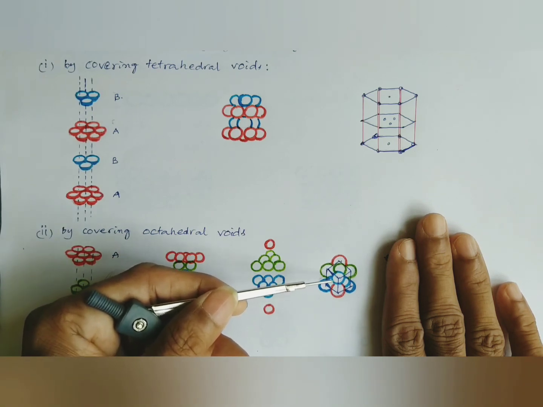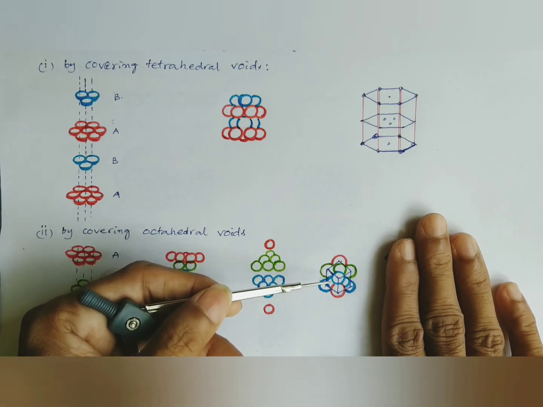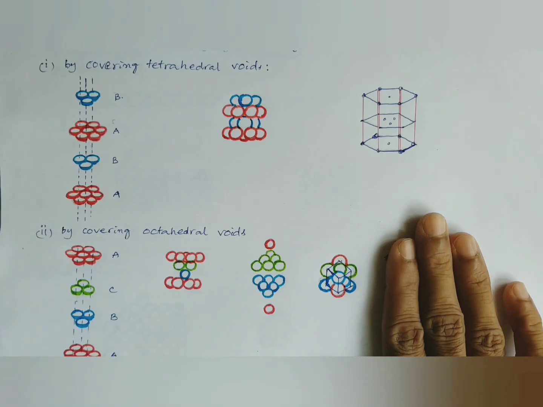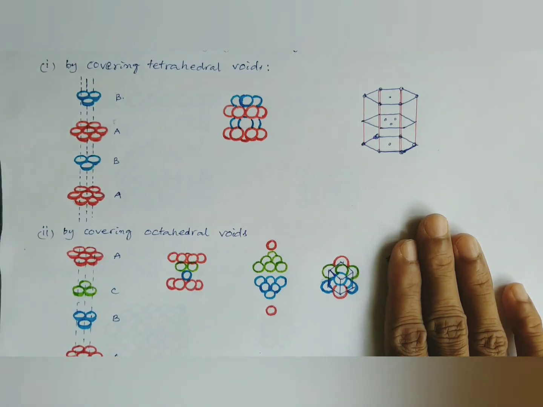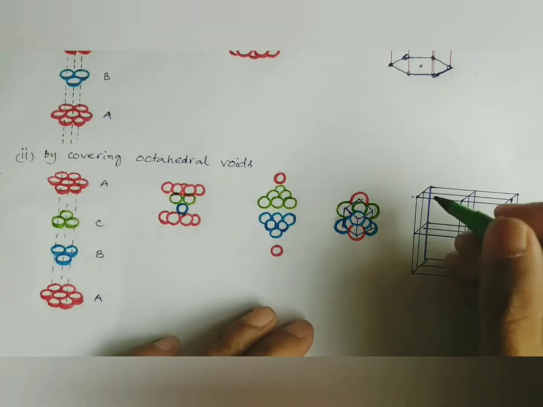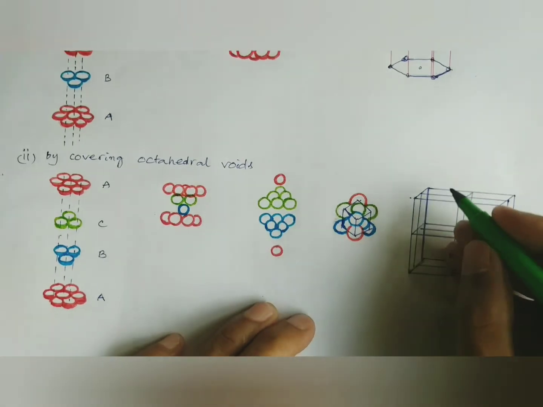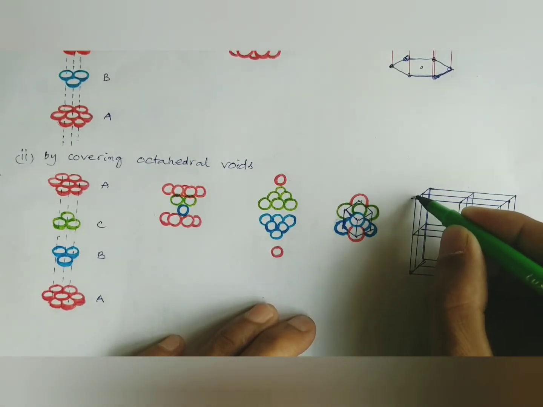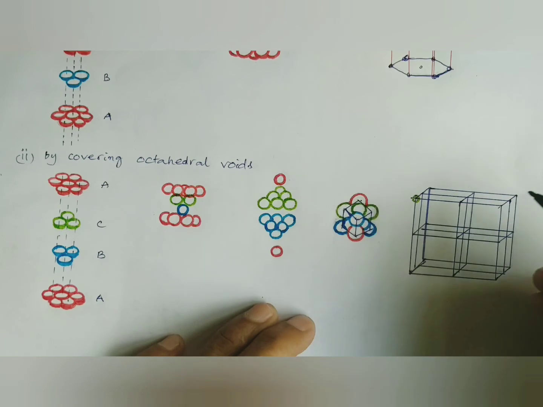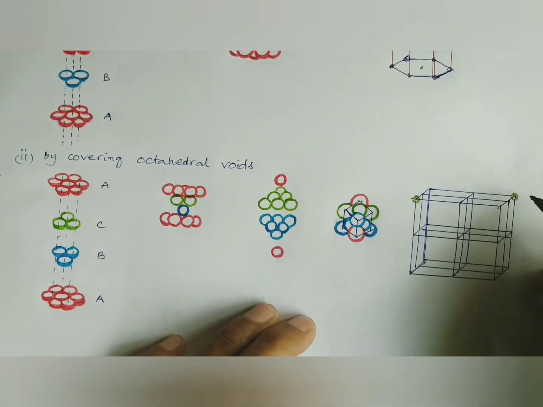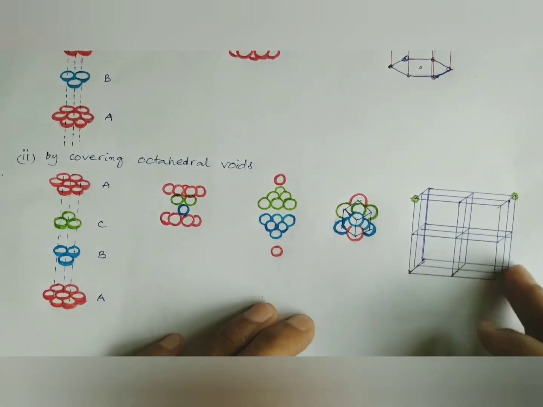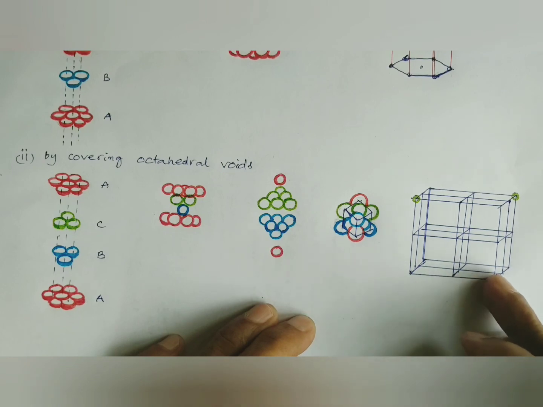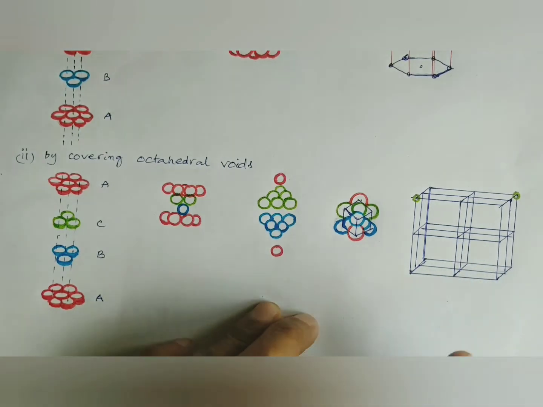So if you expand this, you can get the face-centered cubic structure like this. So this is how the face-centered cubic lattice looks like. So there are 4 atoms in the corners at the top, and 4 more atoms are there at the bottom in the corners.